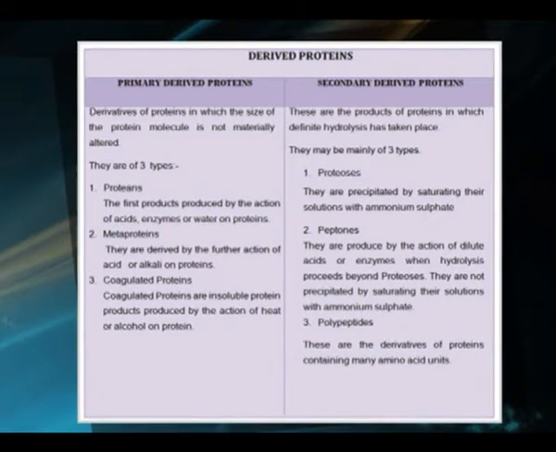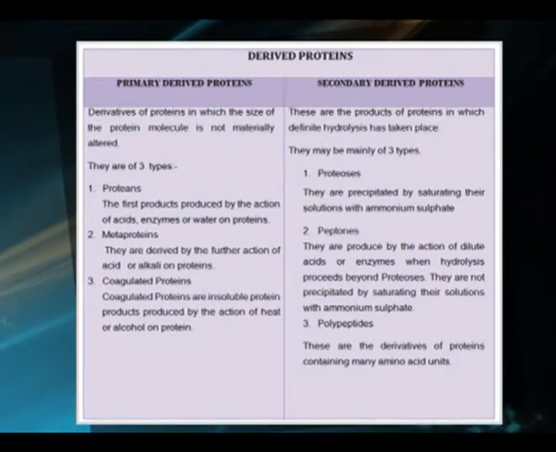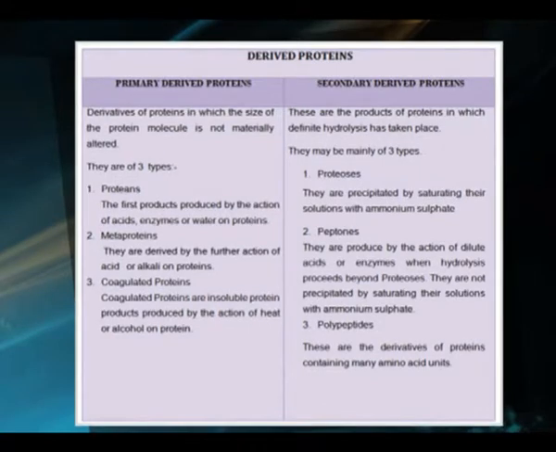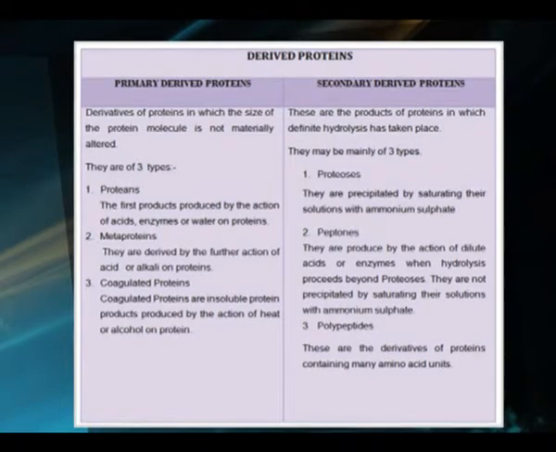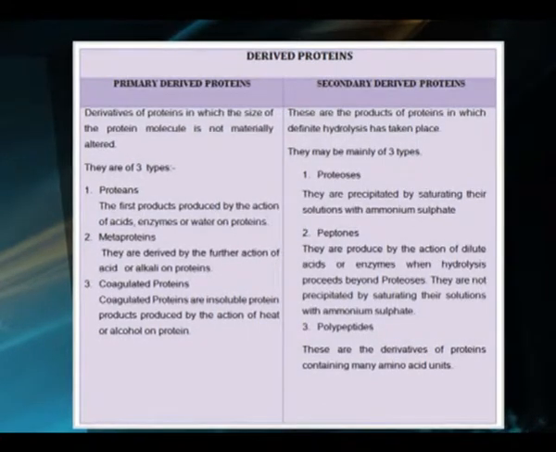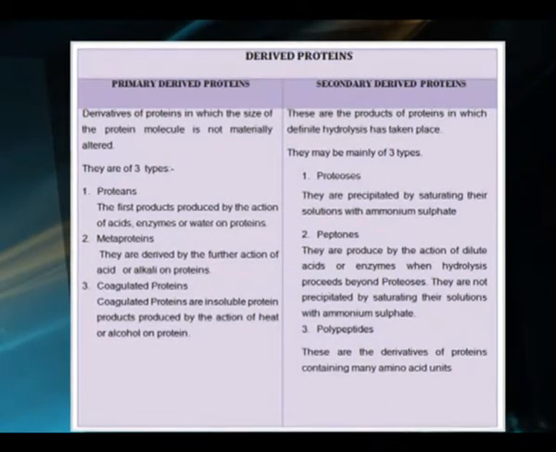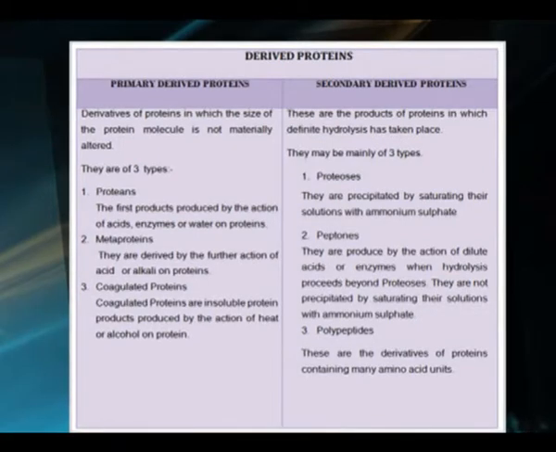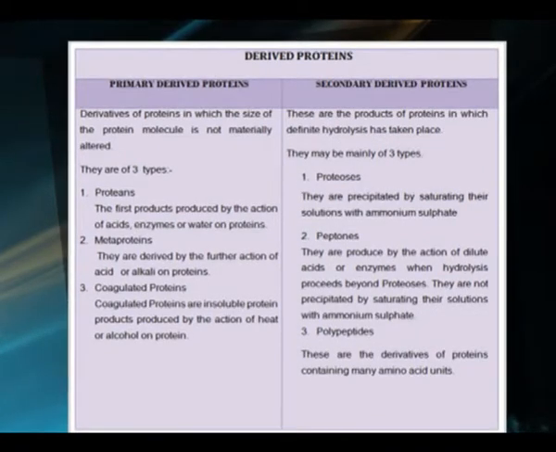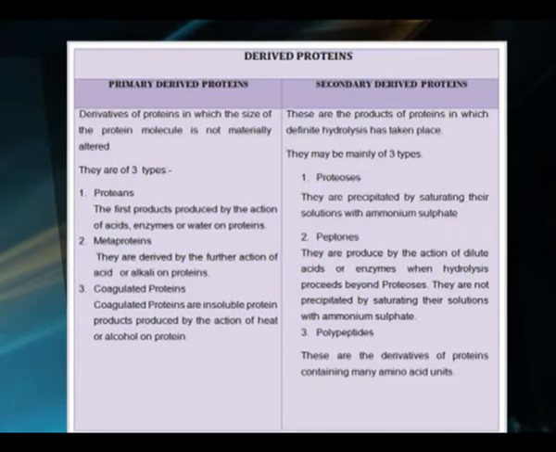Proteans are denatured proteins. They are the first products produced by the action of acids, enzymes or water on proteins. They are insoluble in water. Example, fibrin derived from fibrinogen. Metaproteins.